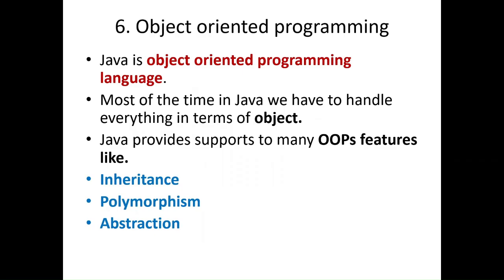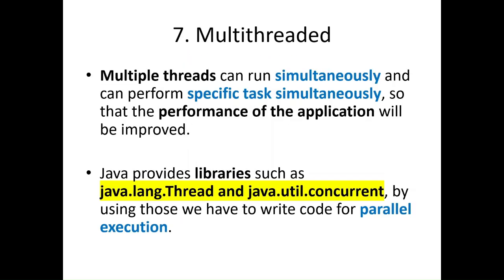And object-oriented programming. Java is an object-oriented programming language. We know that C++ is also like that. So most of the time in Java, we have to handle things in terms of objects. Java provides OOPS features like inheritance, polymorphism, abstraction and all, and multi-threading.